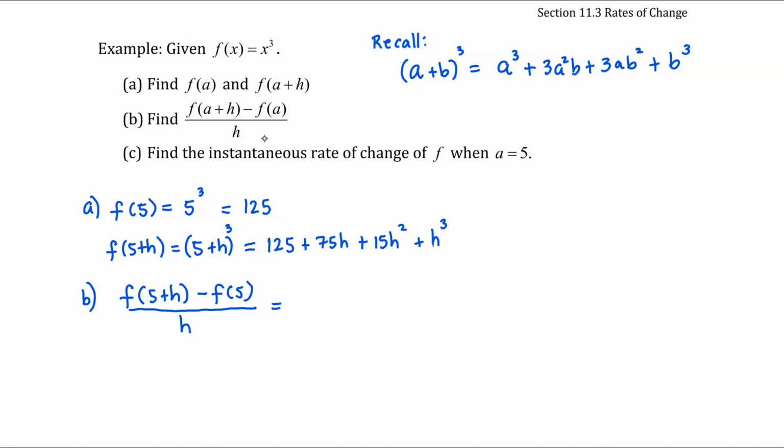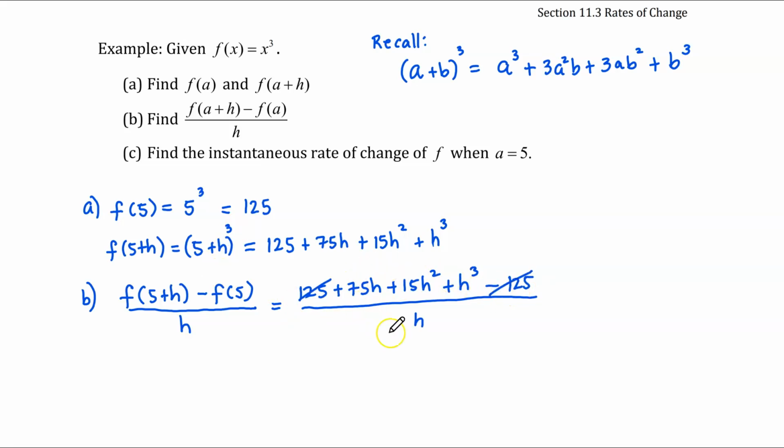So this is equal now to 125 plus 75h plus 15h squared plus h cubed minus our f of 5 is equal to 125, divided by h. Now 125 here will cancel with the 125 here.